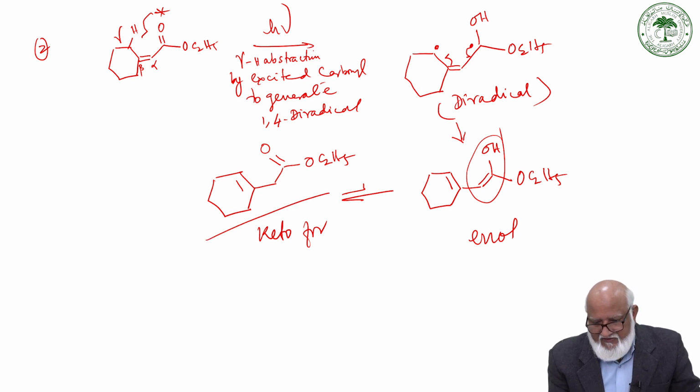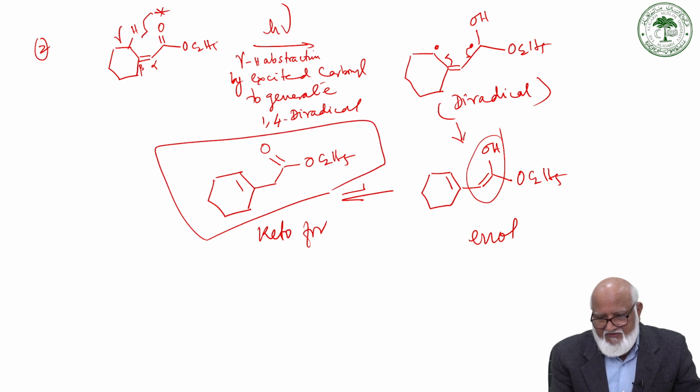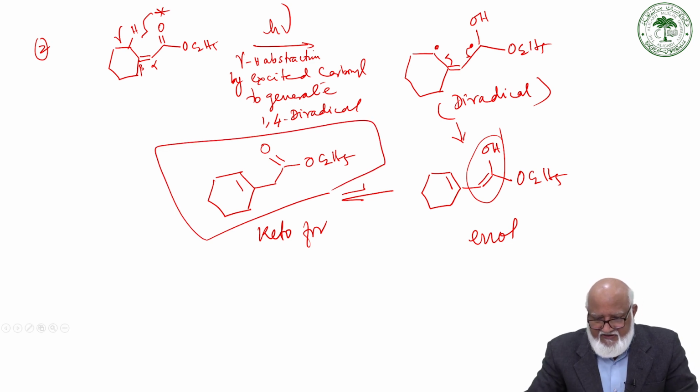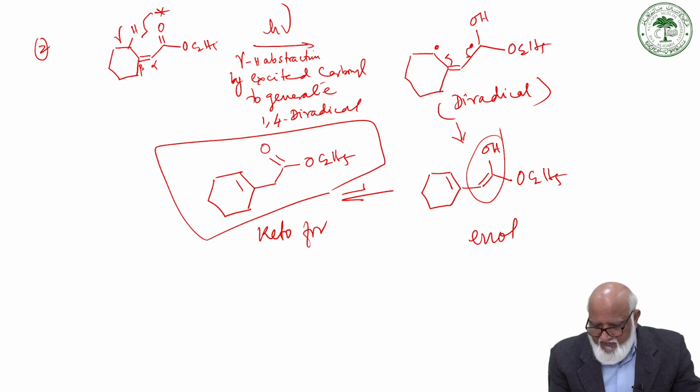So this is really interesting to see that we end up with a ... this starting material gives this keto form, and then this excited carbonyl. We can also see another example here.